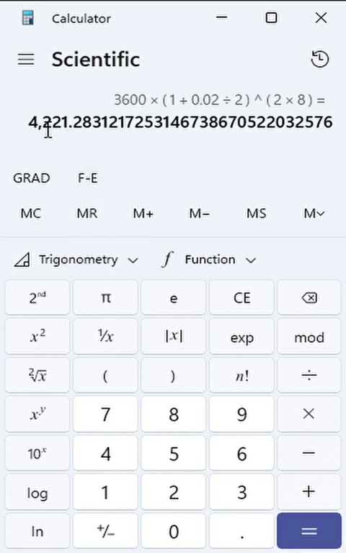So here you get 4,221 and 0.28. I see some of you get a value like 4,221 point 28. Some of you keep 2 decimal places, that's good.